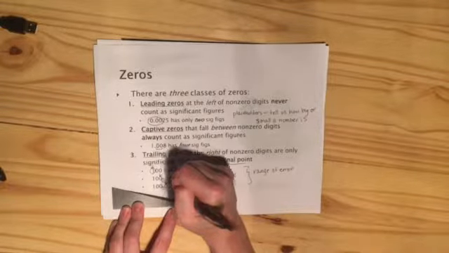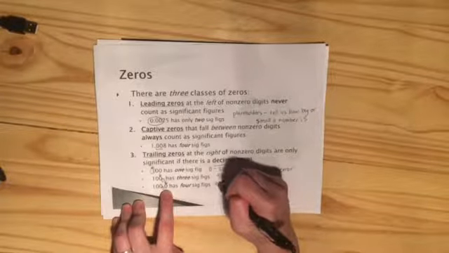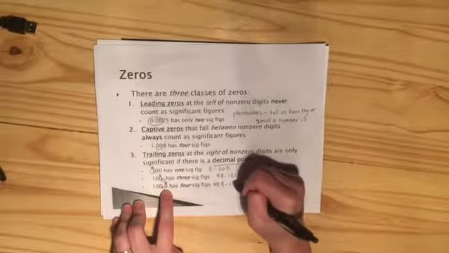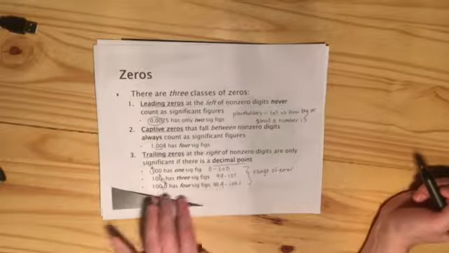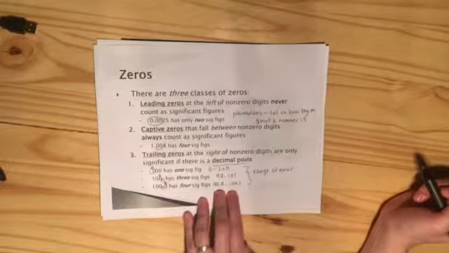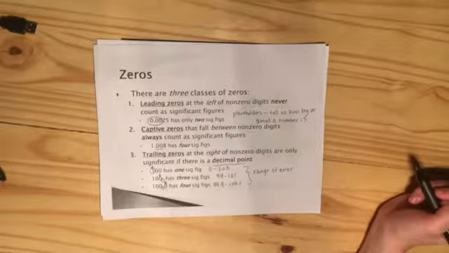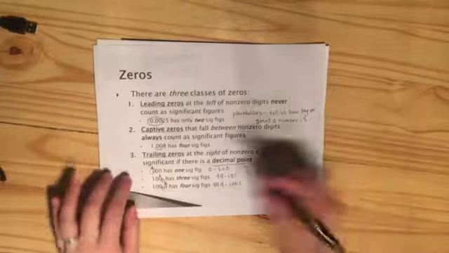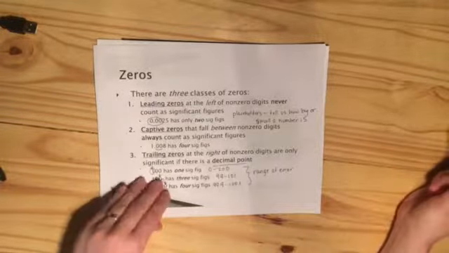Now your uncertain digit is there, and so now your number is somewhere between 99.9 and 100.1. So this gives you a lot more detail about the accuracy of the actual number because you have more certainty there. And so here it goes from being just a placeholder to having these zeros actually be significant.